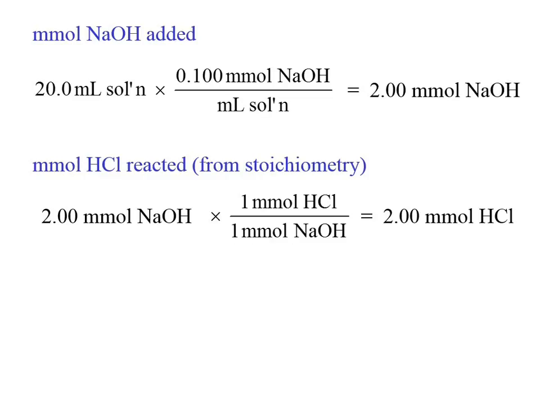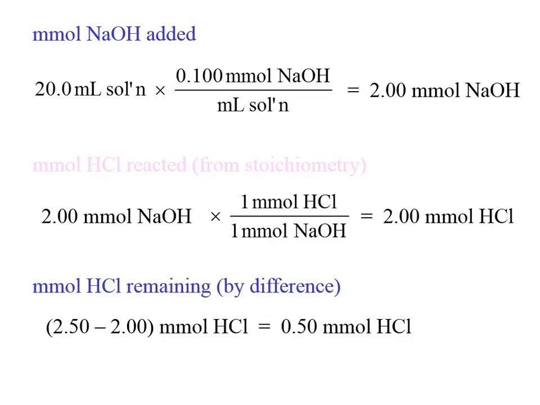If we take 2.50, what we started with, and subtract 2.00, what we used, that gives the millimoles of HCl at that point in the titration: 0.50 millimoles of HCl.